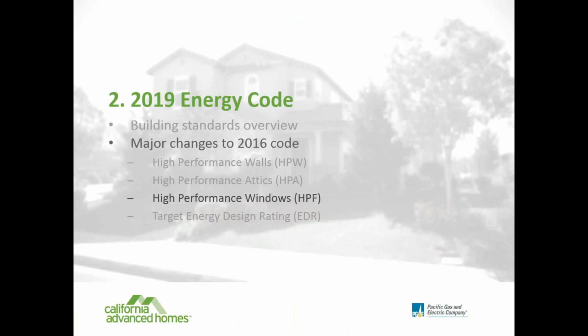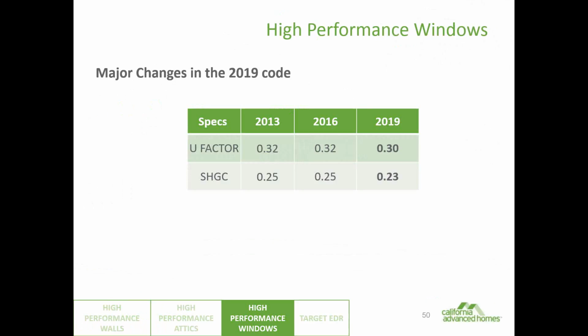And then the high performance windows, HPF for fenestration. Not a huge deal, but they haven't changed in a couple code iterations. So 0.32/0.25 to 0.30/0.23. I think 0.30/0.23 is a pretty simple change to be had. So I don't think that's going to cause heartburn for too many people out there.